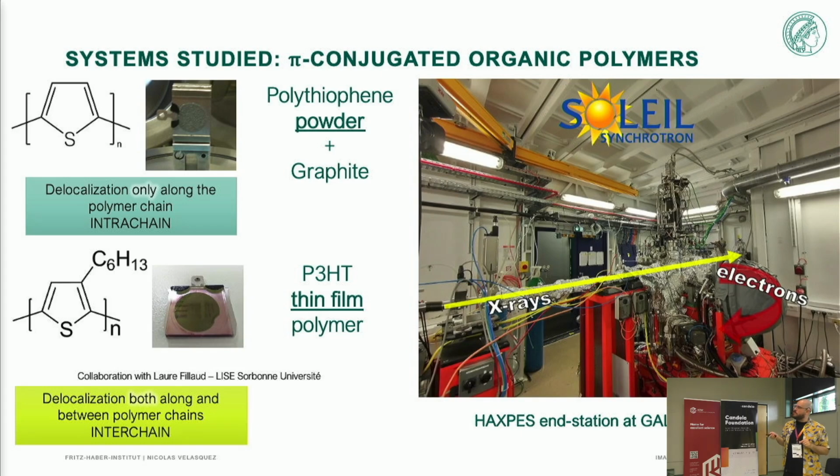On the other hand, because in P3HT we have imparted order to our sample, the electron may not only do this, it may jump between chains. So the mechanisms are the intrachain mechanism for the case of the powder, and for the case of the thin film, it may be interchain or intrachain. We took these samples and went to Soleil, to the same end station, and we measured them.